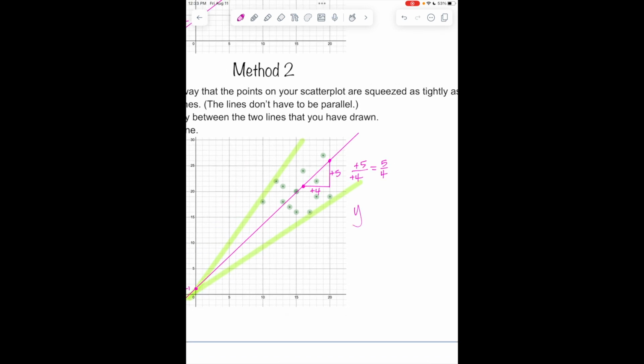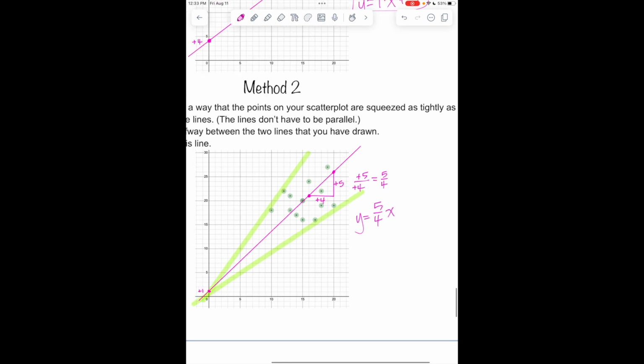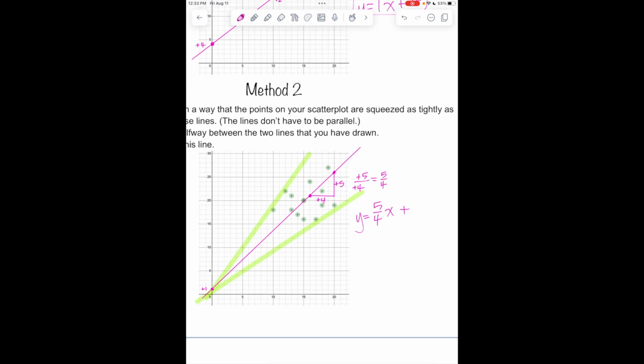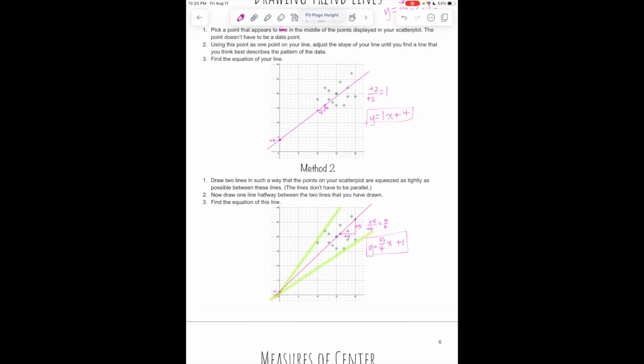So my equation here is going to be my slope, 5/4 x, and my y-intercept is +1. So you can see how different those slopes are, how different those y-intercepts are. And again, depending on exactly how you eyeball your lines on here, your equations are probably going to be different than my equations.